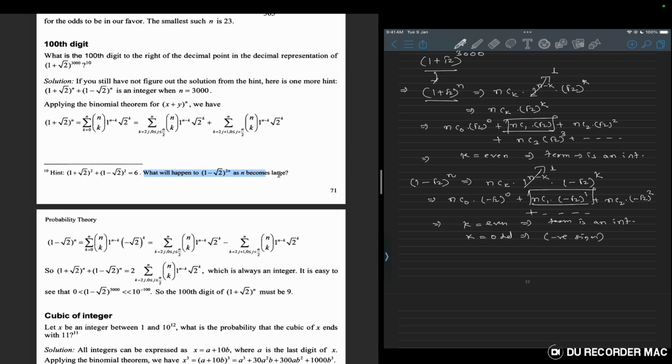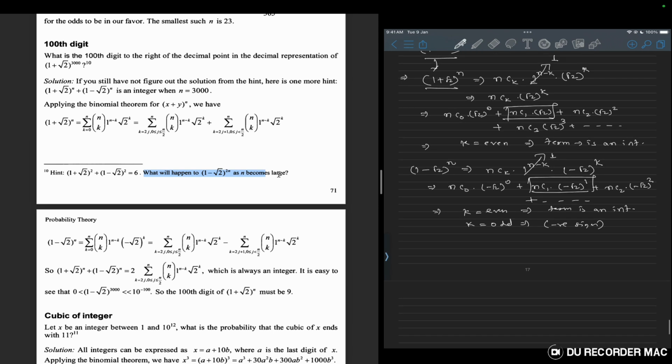which we can cancel with the corresponding value in its complement's binomial representation. So if I just add these two values, (1 + √2)^n plus (1 - √2)^n, all the values which are non-integers will get cancelled out because of the complementary sign, and all other values will have a factor of 2 behind them.